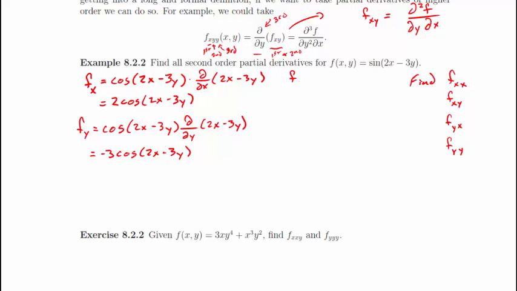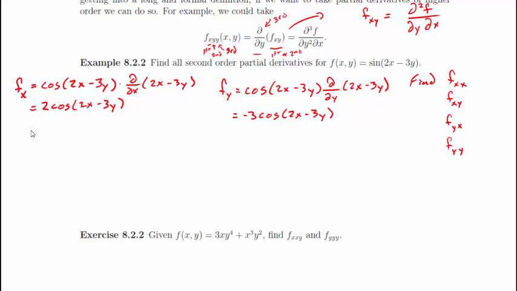Okay, so I just wanted to be able to work down here. If I take this derivative with respect to x again, so I get f sub xx, this equals negative 2 sine of 2x minus 3y times the partial with respect to x of 2x minus 3y. So this is just 2 again, so this gives us negative 4 sine of 2x minus 3y.